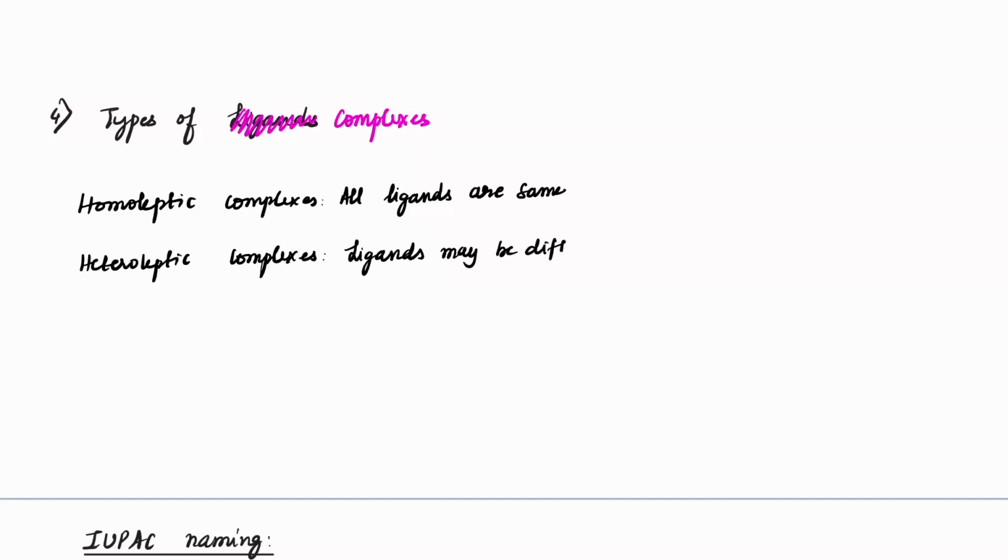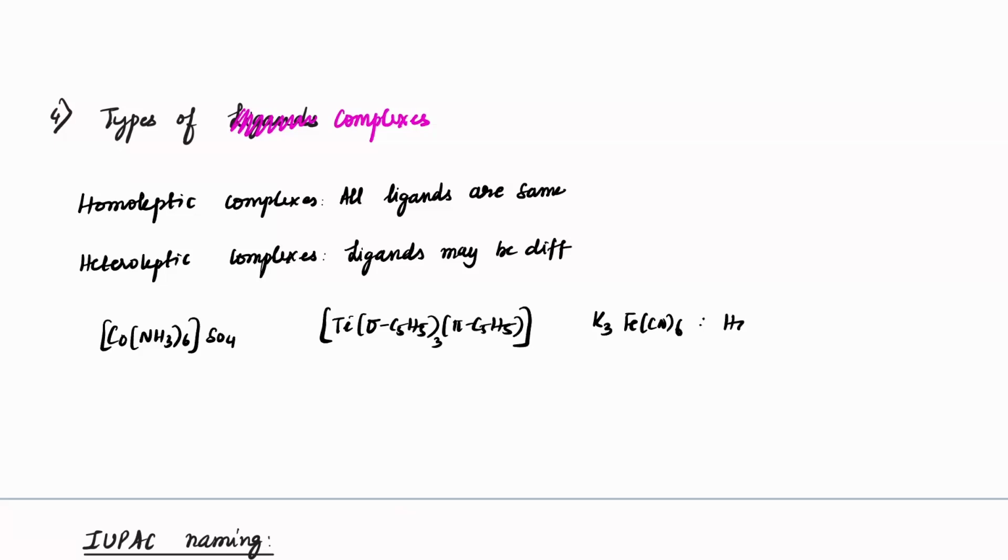For instance, if you have cobalt NH3 6 SO4, titanium sigma C5H5 and pi C5H5 thrice like this, or K3 Fe CN6, these are all homoleptic.